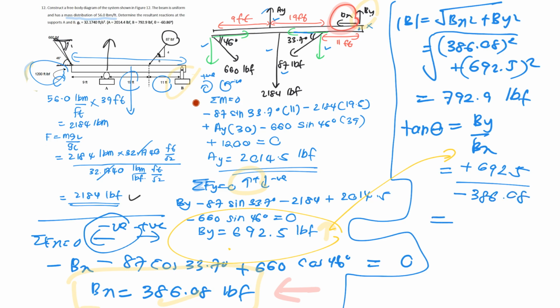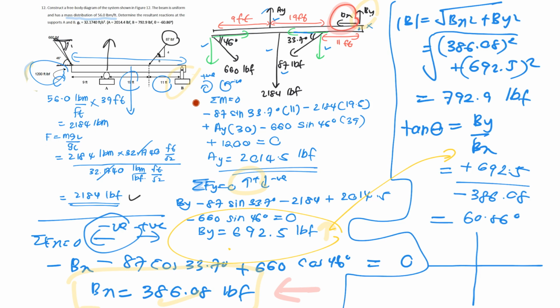Don't put negative and positive in your calculator, just put the number. So your angle is going to be 60.86 degree.